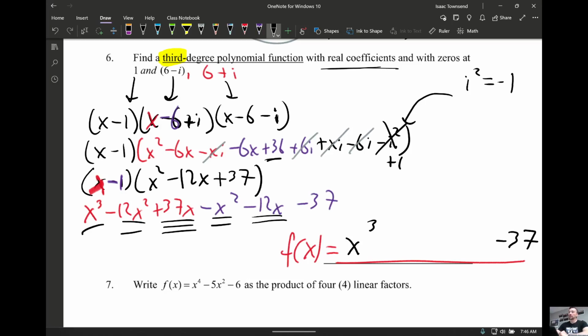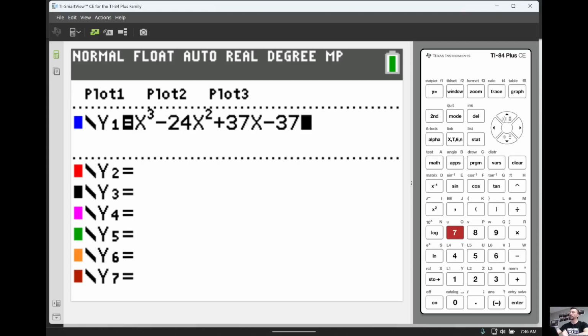Plus 12x? Is it minus 12x? Should be plus 12x. Plus 12x. Okay, so then plus 49x. Okay, does that look better? Okay, well, what I was about to say, I was about to check it anyway.